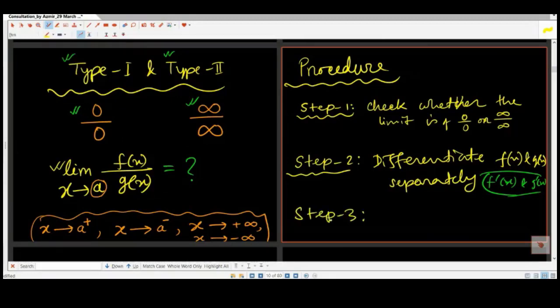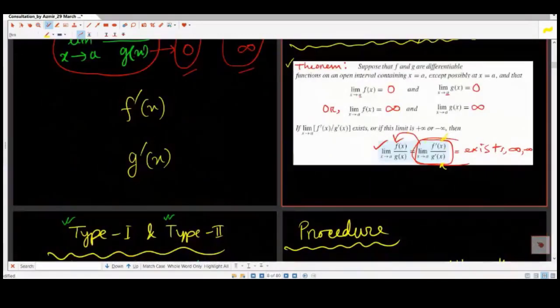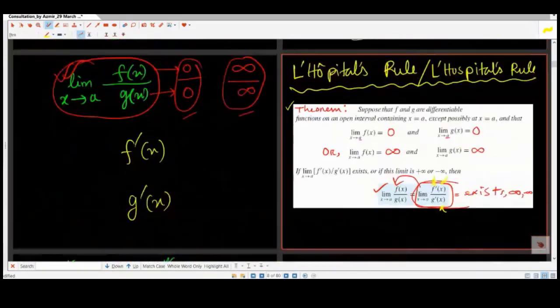In step 3, we have to find the limit of f prime of x over g prime of x. This limit may exist, maybe plus infinity, maybe minus infinity.